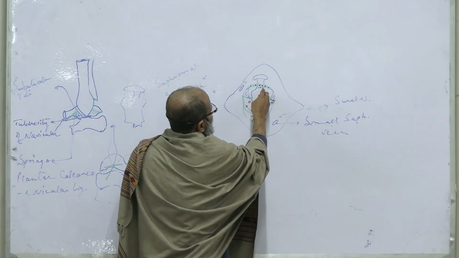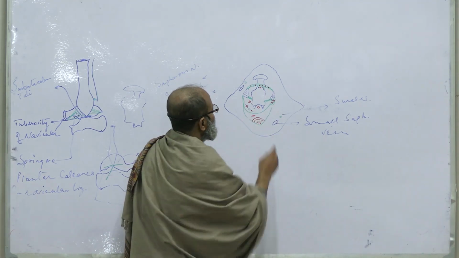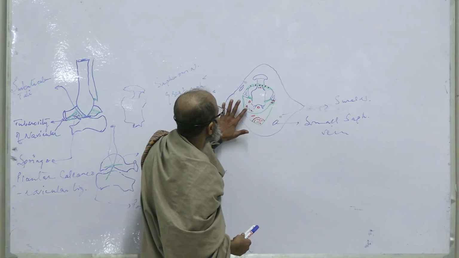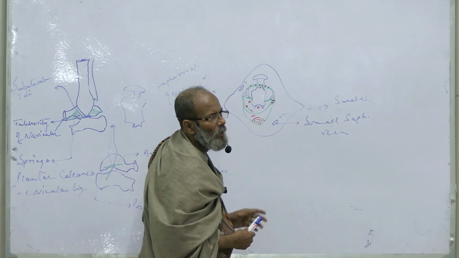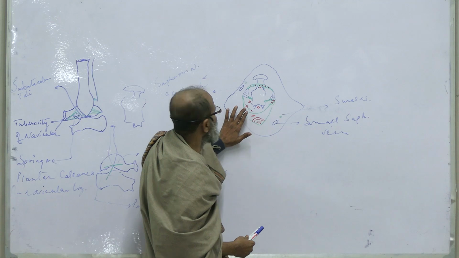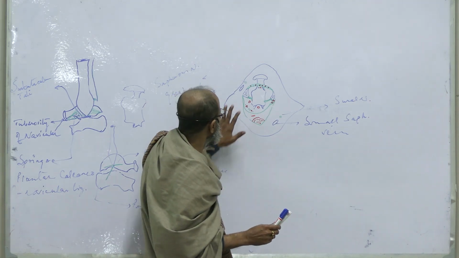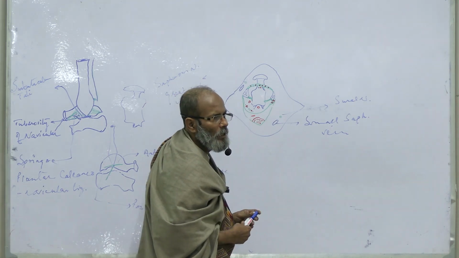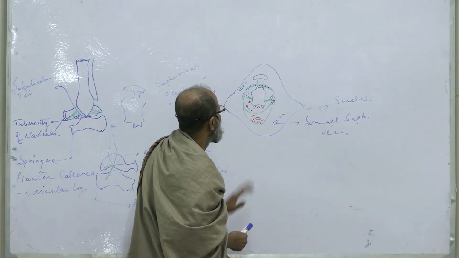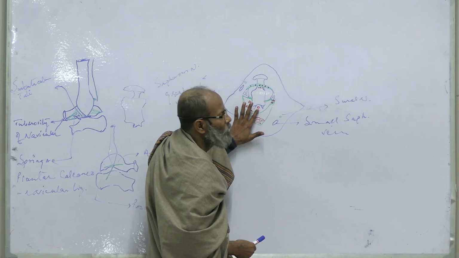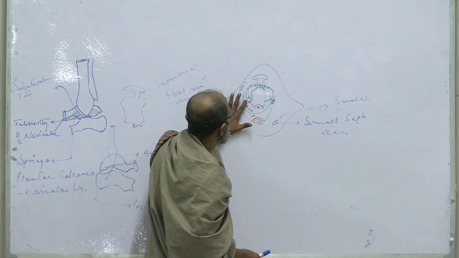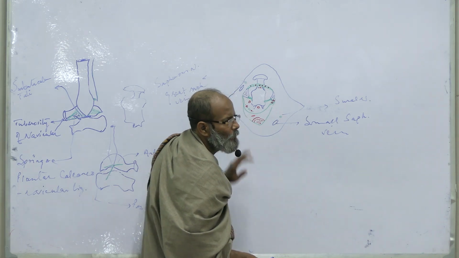This one is the deep peroneal nerve, and these two are the medial and lateral plantar nerve. These two are the medial and lateral plantar artery. Right? This one is the flexor hallucis longus. This one is the tibialis posterior.